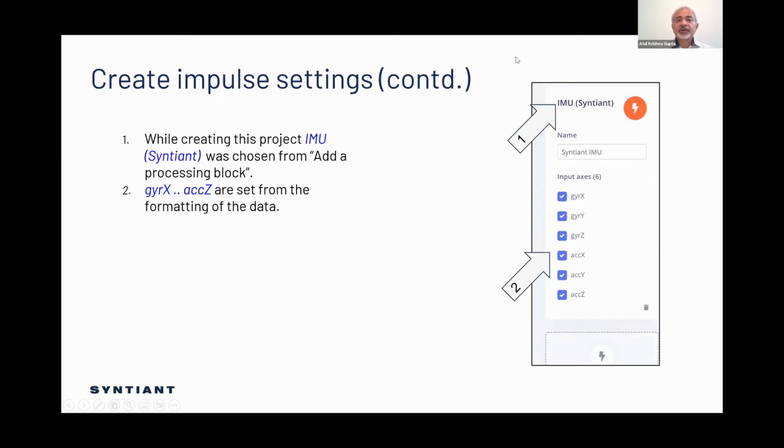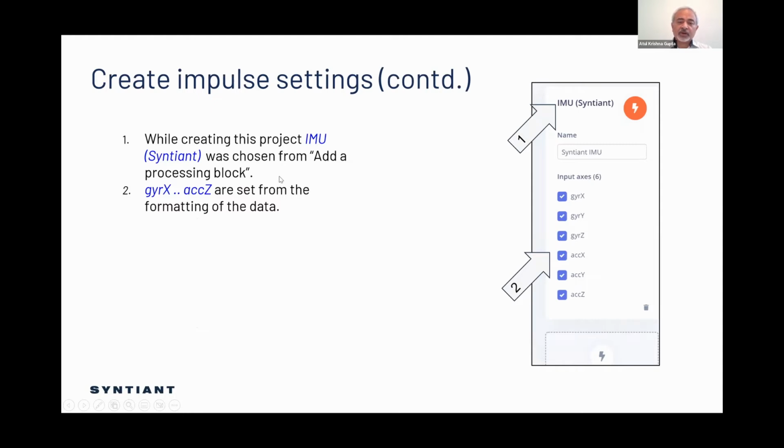So the next step is when you are designing the impulse. Now the next step is to create the project, and IMU has to be selected with the add a processing block.